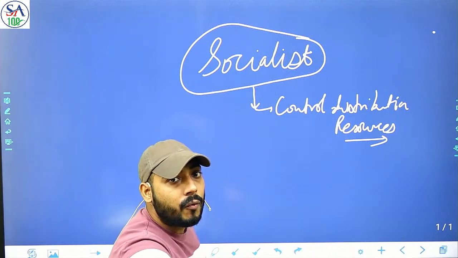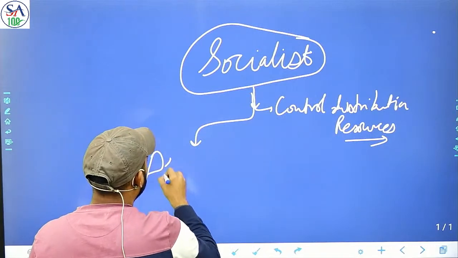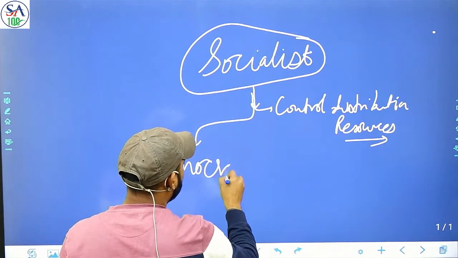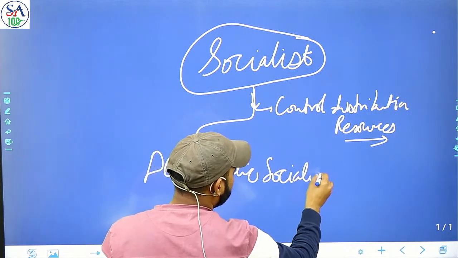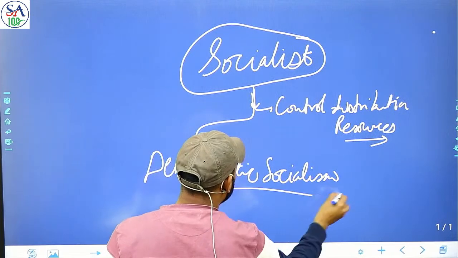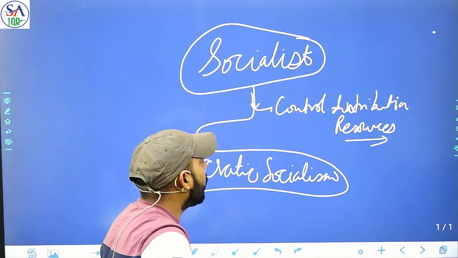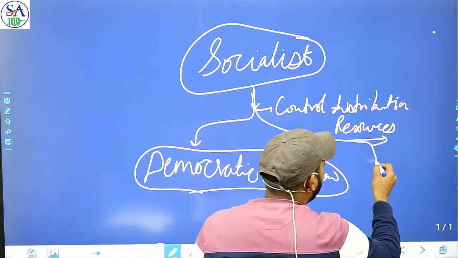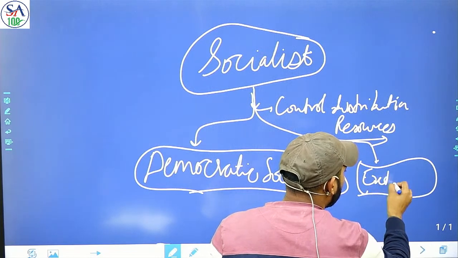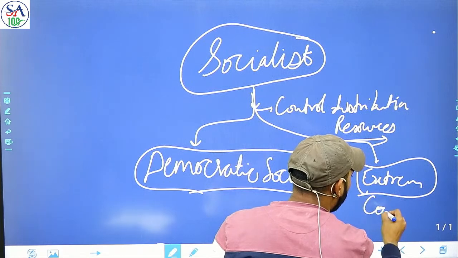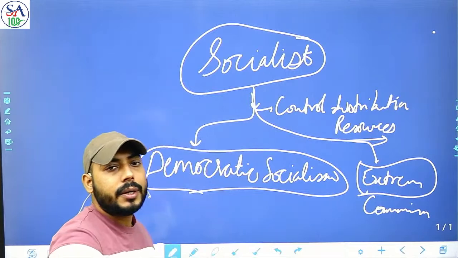In India, what do we have? We have democratic socialism. It is a different type of socialism from other countries, which generally follow extreme communism, for example in China and Russia.